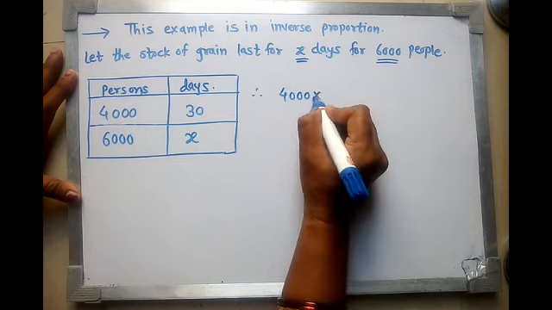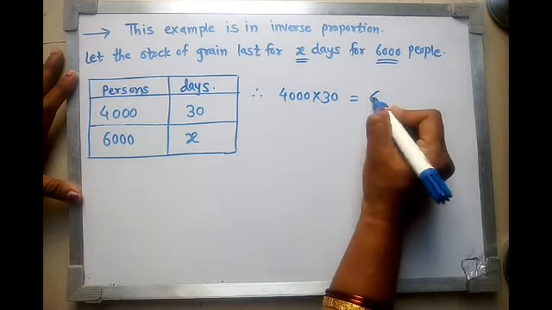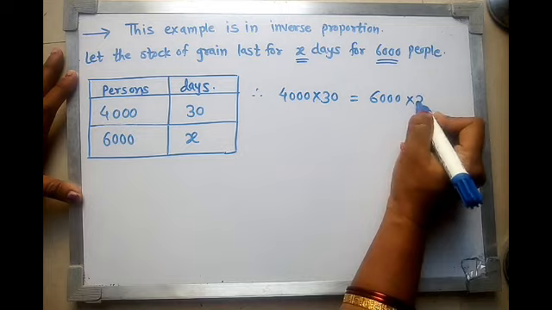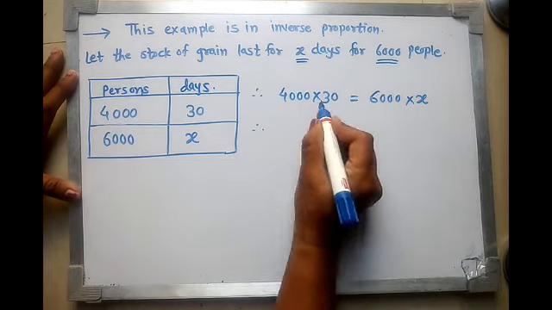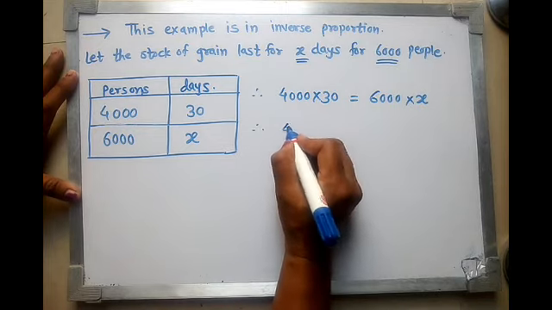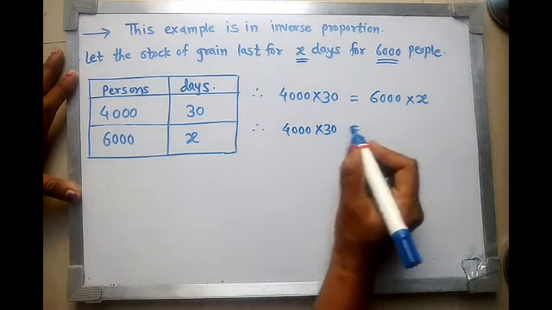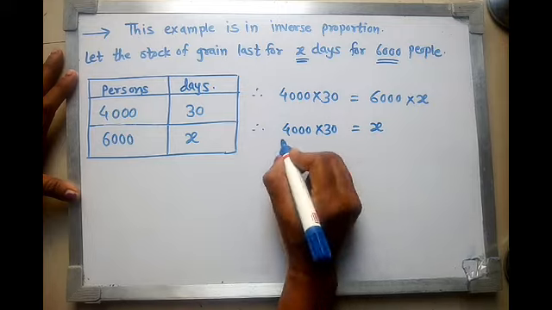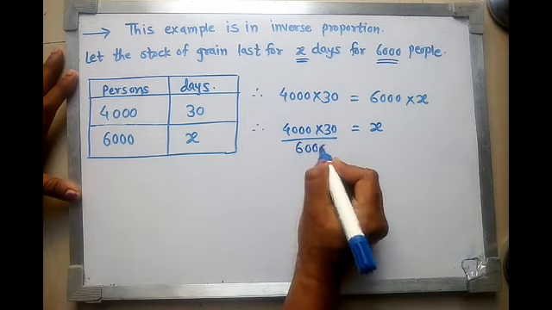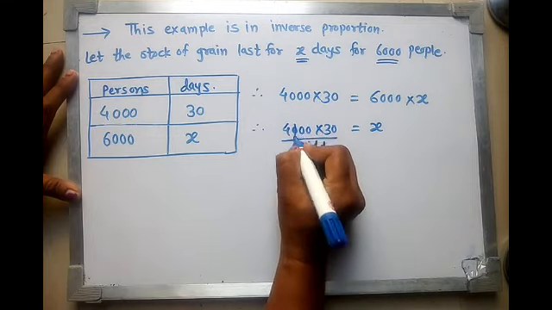Therefore 4,000 into 30 is equal to 6,000 into X. 4,000 multiplied by 30, and I take 6,000 on the left side as divisor.